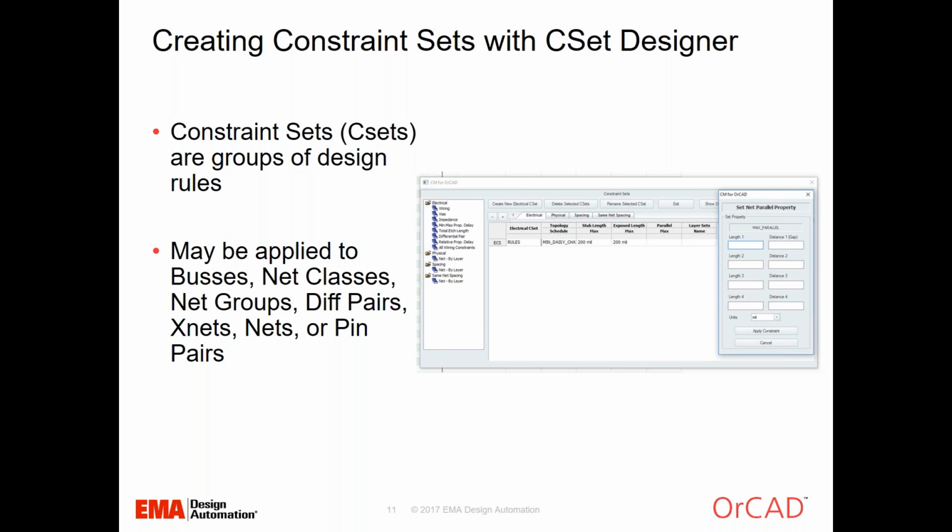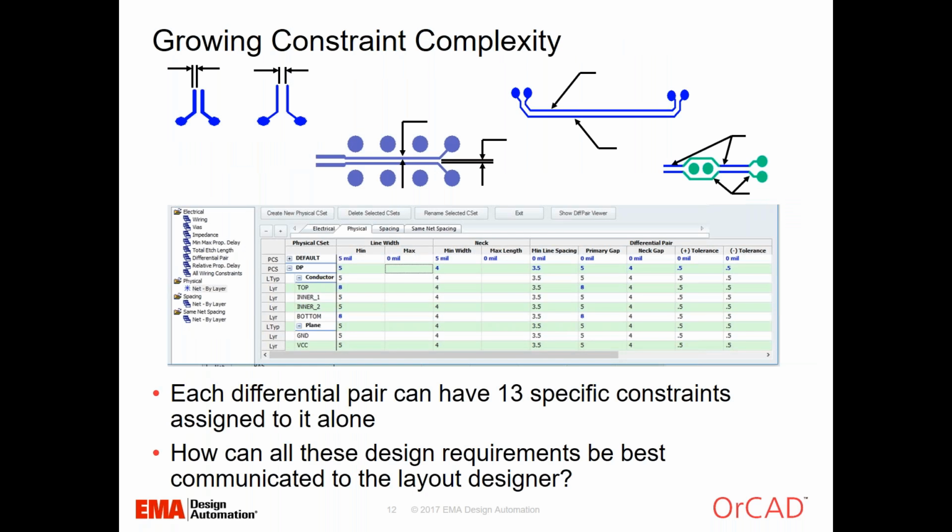As an example, in the electrical domain, a single electrical constraint set may contain wiring rules, delay rules, impedance rules, and via rules. This makes it easy to assign all those rules at once to a single net, a bus, or a net class.